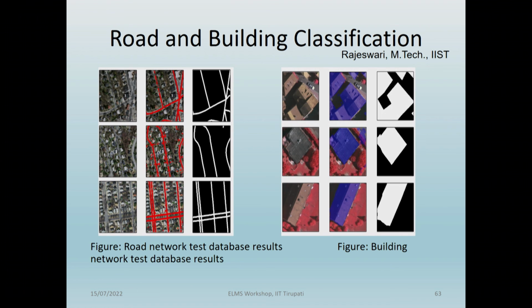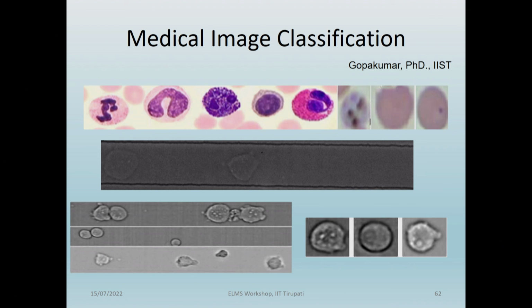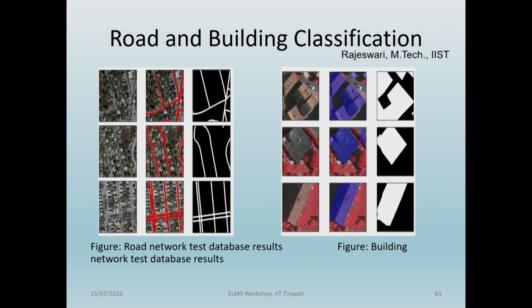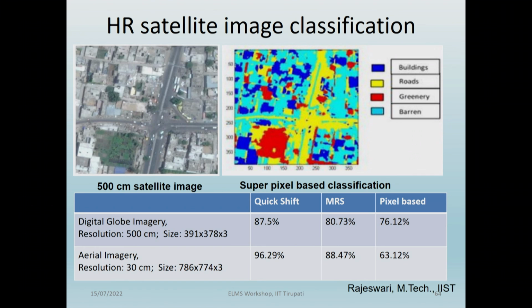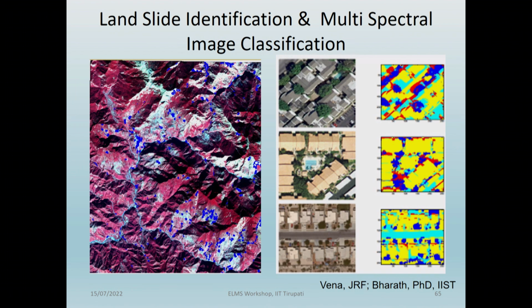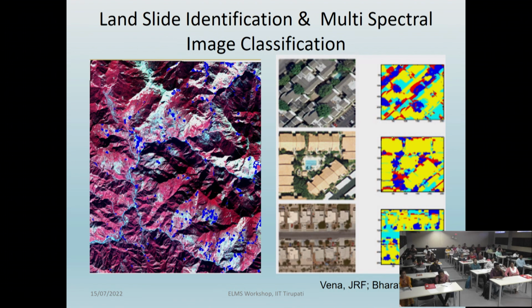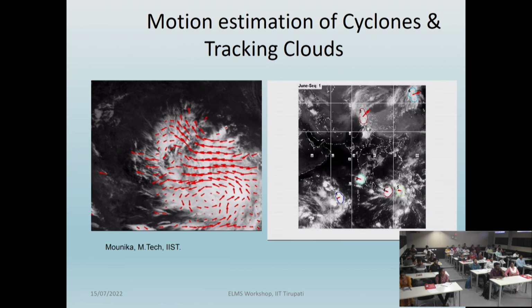One example is classifying cells in imaging flow cytometry. When a small sample of blood flows through a fluid, we can count the number of cells and classify them. There are also examples in satellite image processing, where we can identify roads and buildings in different kinds of images, and identify regions of landslides and so on.